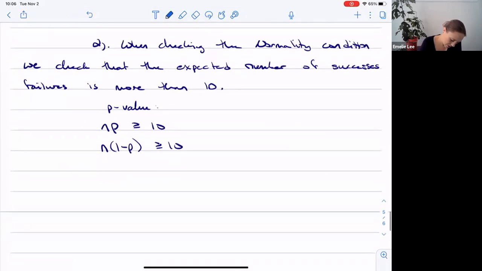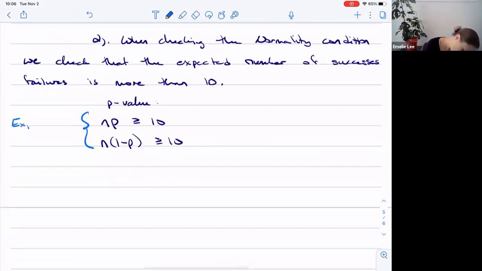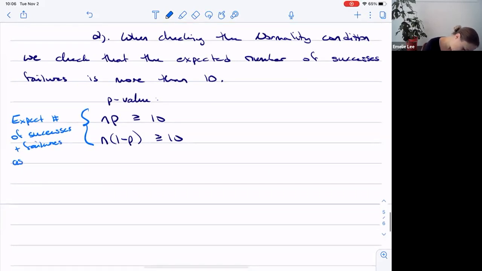So this is actually the expected number, assuming the null hypothesis is true. Expected number of successes and failures, assuming H naught, which says that P equals P naught, is true.